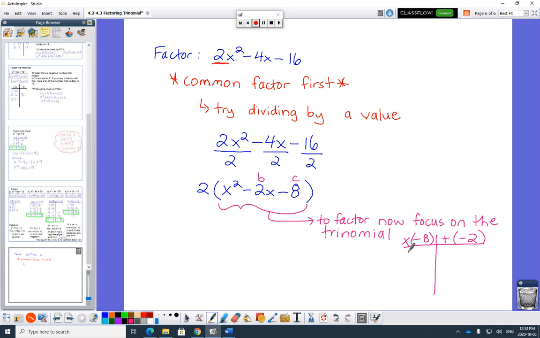So go through. 1, 8. That's not going to help. 2, 4. Oh, now we're getting there, right? But 2 plus 4 positives is 6. That's not what we want. So if we make it negative 2 and 4, negative 2 plus positive 4 is positive 2. Close, but not yet. 2 and negative 4 is negative 2. Remember, the sign matters. You can't just say, oh, I'm going to force that to be positive or negative. That's not how it works.